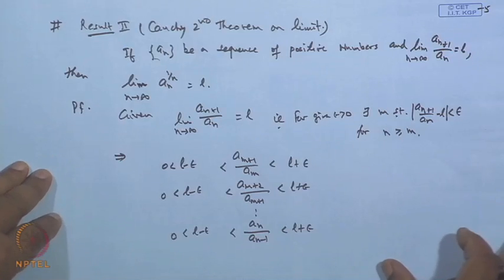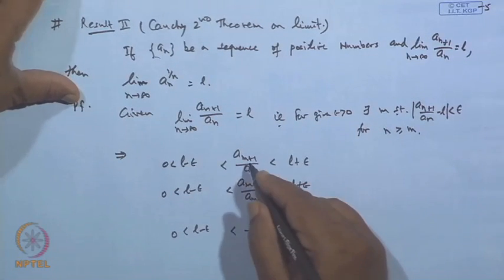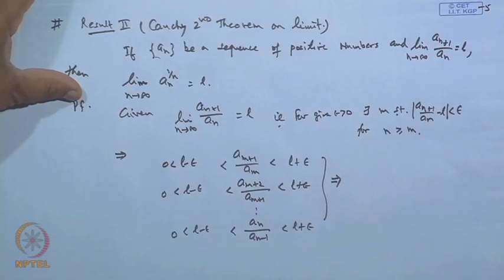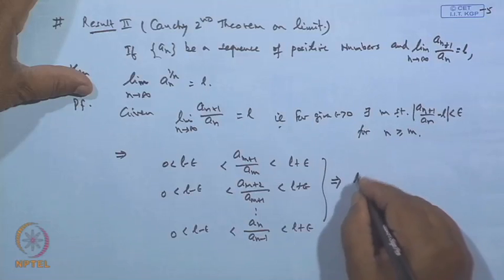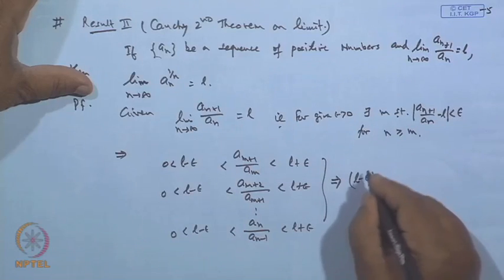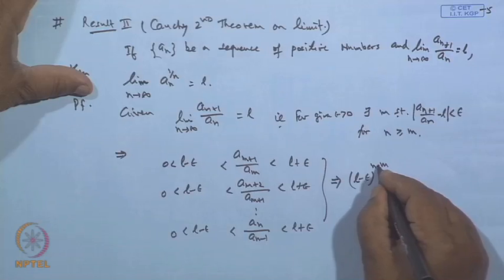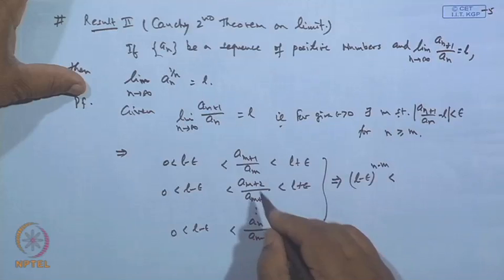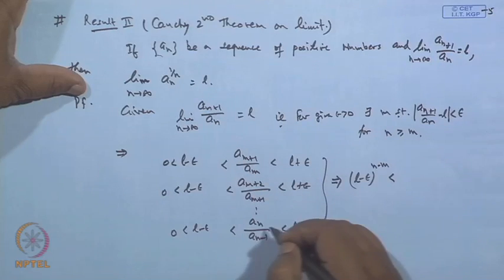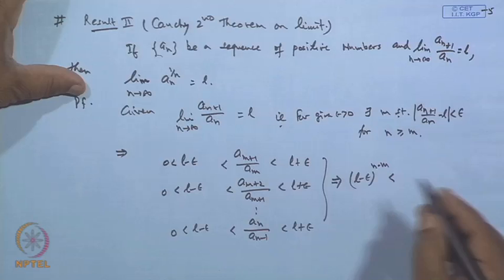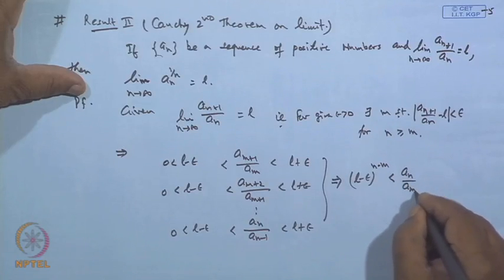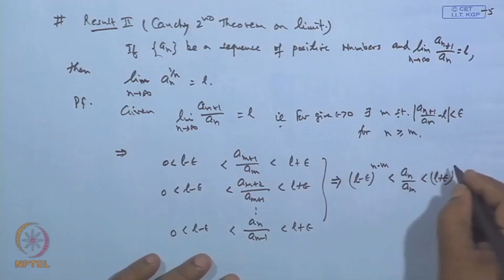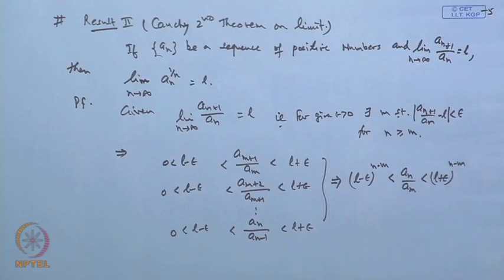So, once they are positive, we can multiply without changing the inequality. Okay. So, when you multiply, what do you get? These are total n minus m terms. So, this implies that L minus epsilon to the power n minus m is less than, if you multiply this, the cross terms get cancelled telescopically, so a n over a m is left only, which is less than L plus epsilon to the power n minus m, where n is greater than m.